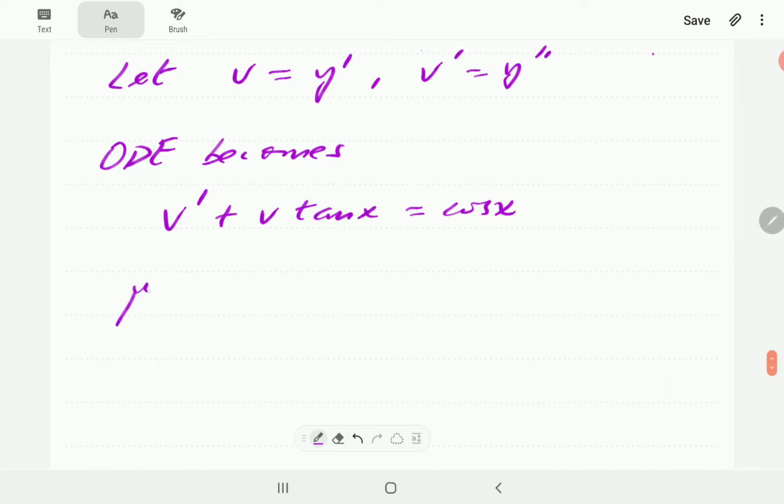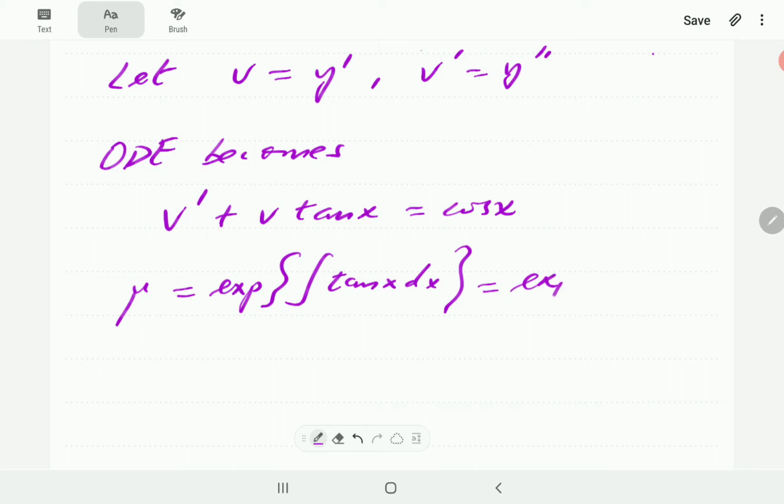So the integrating factor is going to be the exponential of the integral of tangent x. Integral of tangent x is ln of secant. So when we work this out, it's just going to give us secant x.